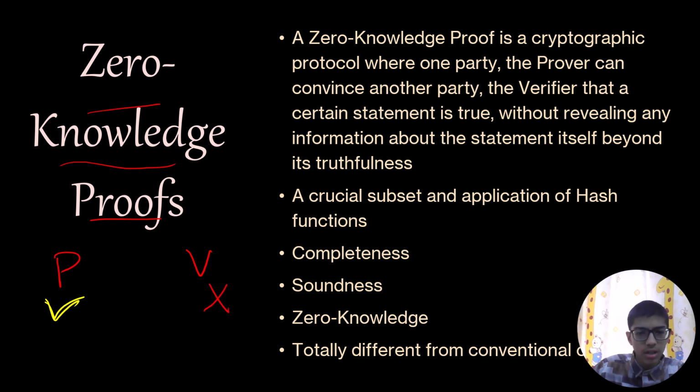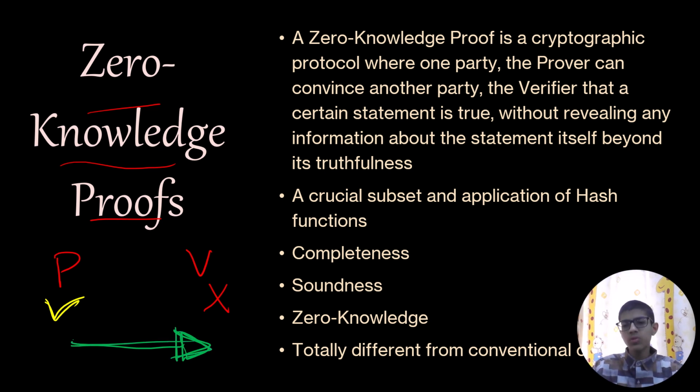The prover has to convey just that the prover knows that information, nothing other than that. But the verifier should be convinced that the prover knows the information, without actually transferring any part of the information itself, such as the encrypted function or the hash, nothing like that.